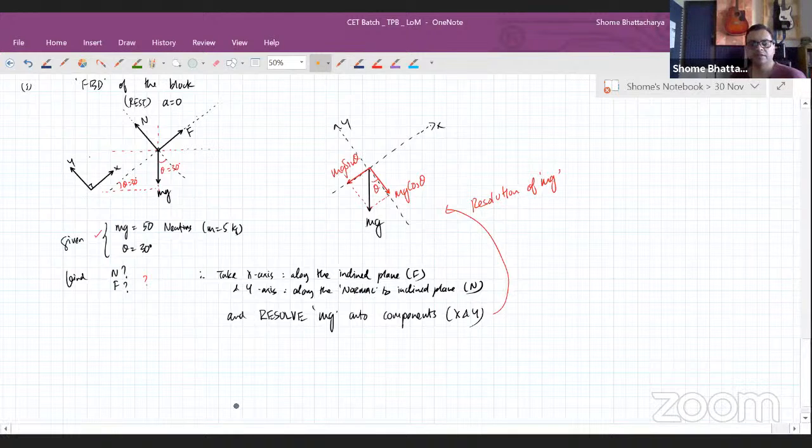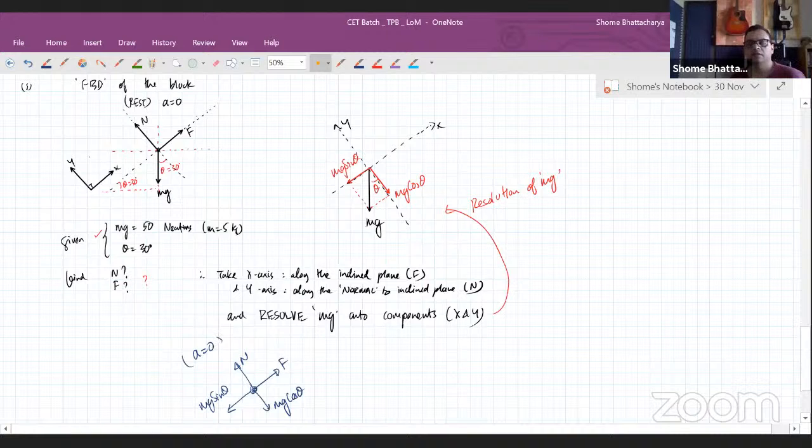Okay, so let's look at a final free body diagram with the forces resolved. So after resolving mg, the forces are like this: normal reaction, force F, and then mg's components, mg sin theta and mg cos theta, and the acceleration is 0.